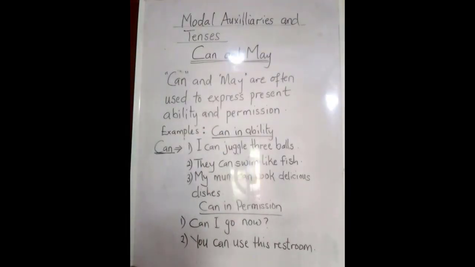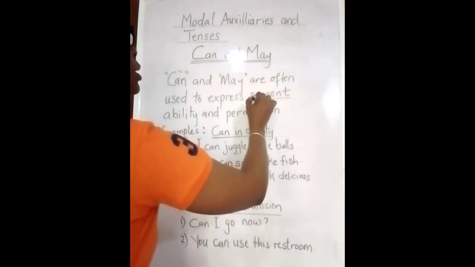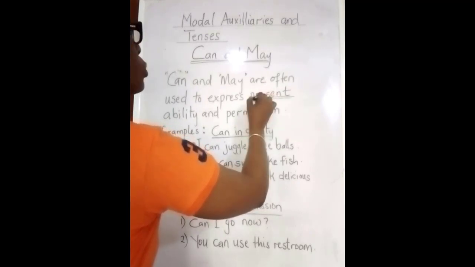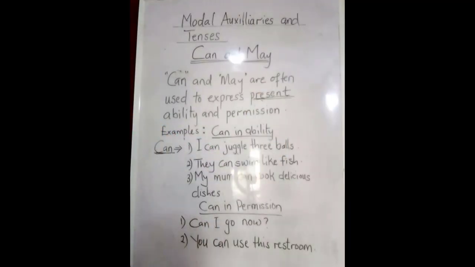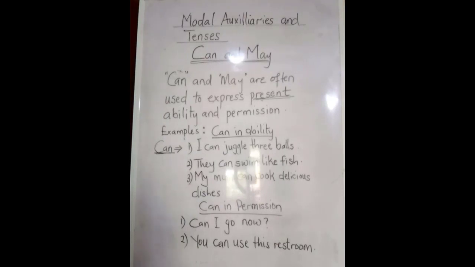Remember, the emphasis here is on present because we're dealing with modal verbs in their use to express tenses. Ability shows what you can do, what one is capable of doing, while permission is simply being allowed to do something.